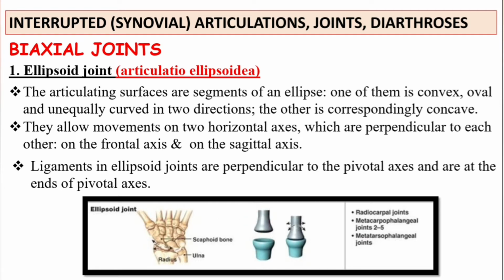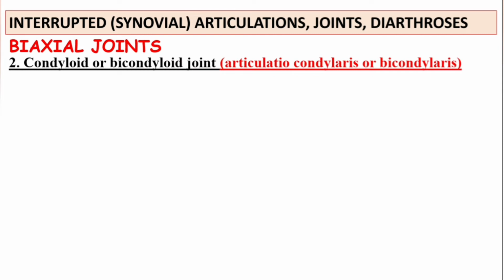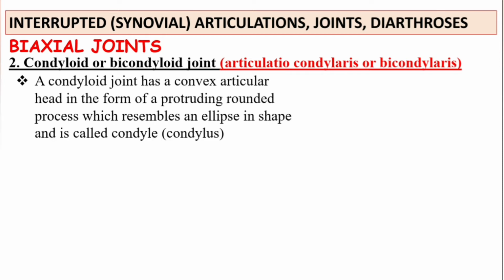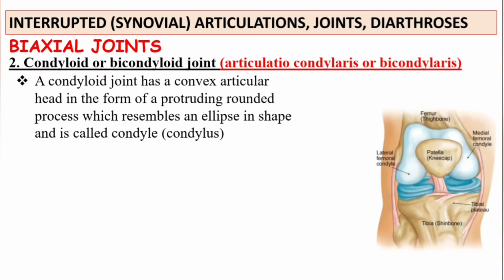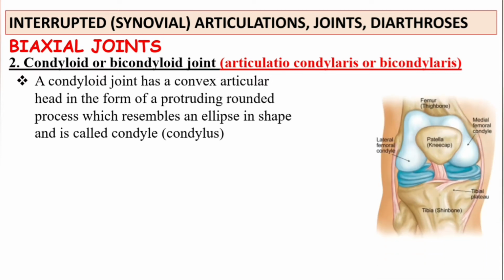Okay. The next one is the condyloid or bicondyloid joint, articulatio condylaris or articulatio bicondylaris, right? In this case, a condyloid joint has a convex articular head in the form of a protruding rounded process which resembles an ellipse in shape and is called a condyle.